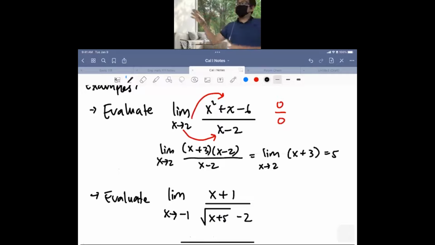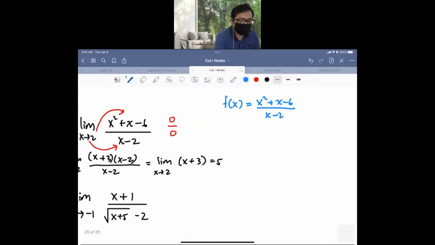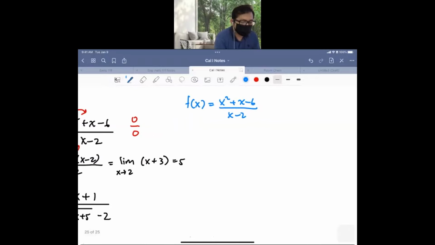Well, if you want to know what is happening inside this limit, we could make some steps to make sure that our logic is still on track. We are not really playing with things in our computation. Let's say we have our function, and this is just to make some definitions first, so that you know what's happening here.